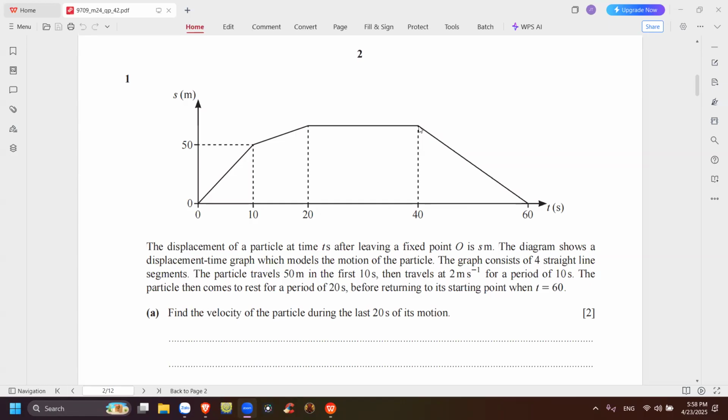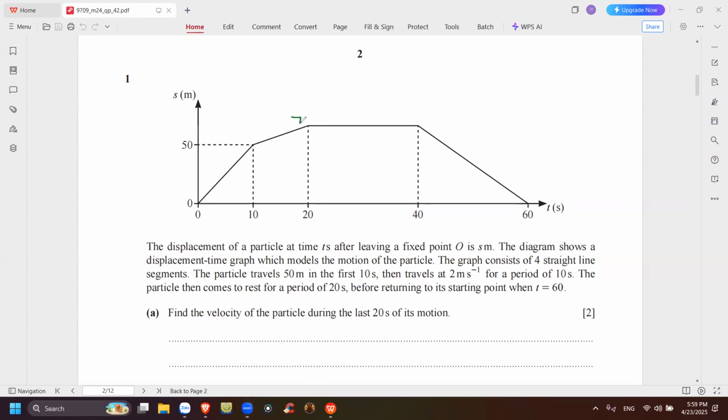But then for the last 20 seconds, you need to see what the distance is here. First of all, for 10 seconds you move at 2 meters per second. It means this is 20 meters more, isn't it? So it's going to be 70 meters over here.